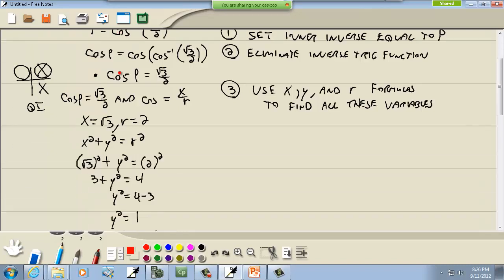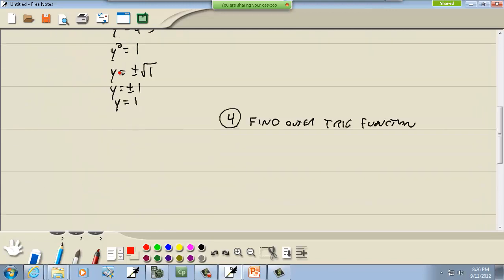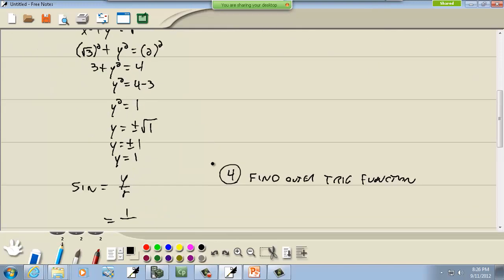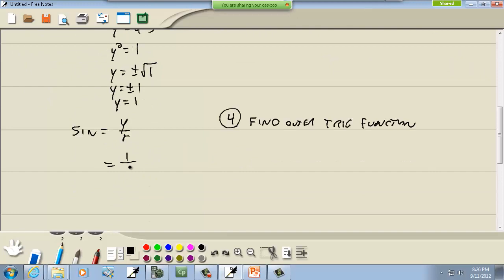So we're going to work with sine. So we come down here. Sine is equal to y over r. Well, y we just said was 1, and r is 2. So our answer is 1/2.